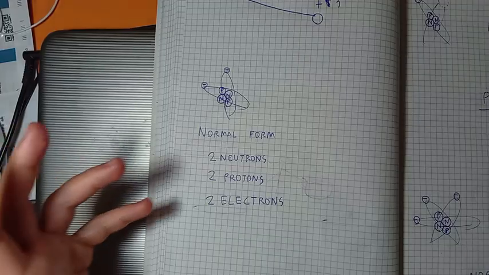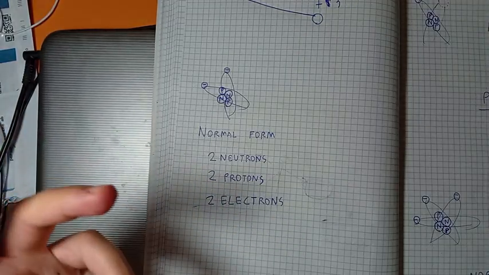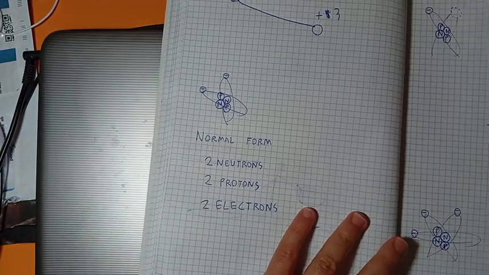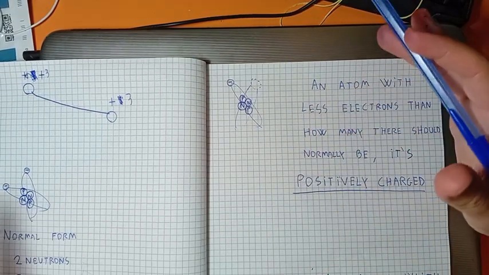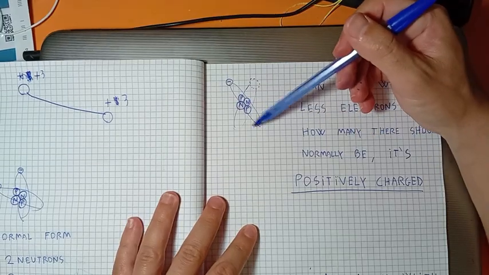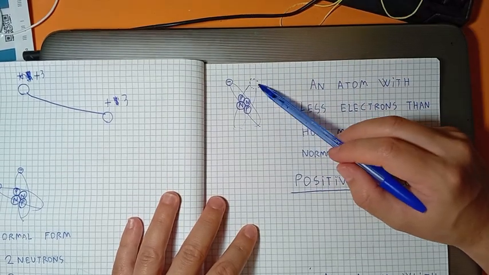But what could happen is that these atoms could eventually lose an electron. And when an atom loses an electron, this is what happens. We have the same atom as before, but now we have fewer electrons and an empty space here.